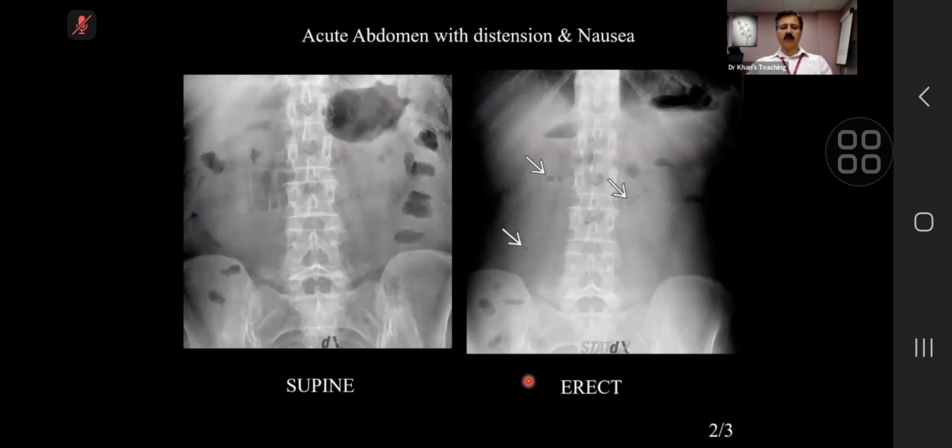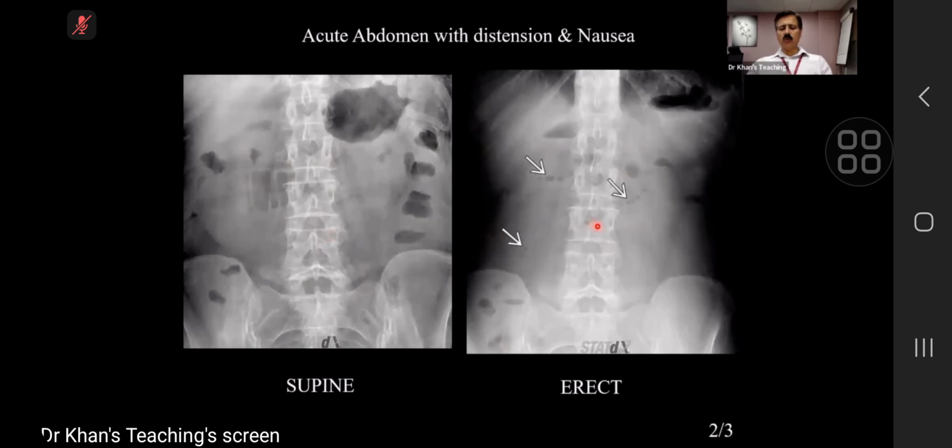And this is another case from literature, from StatDx, to give you the same concept. This is a supine film. This is an erect film. And on the supine film, things look quite normal actually. If you report it, you will not be much worried.